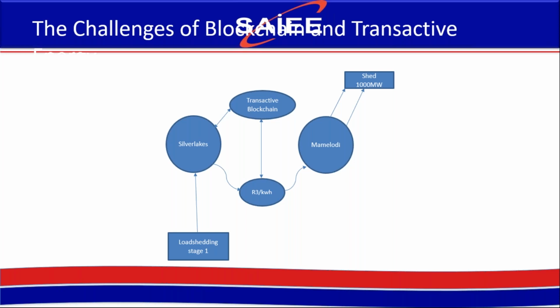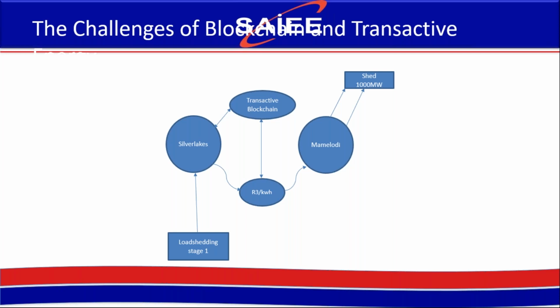So here now you have a system. People in Silver Lakes say, okay, guys, we can buy power from the guys in Mamelodi, right? So the guys in Mamelodi say, okay, people in Silver Lakes, you want to buy power from us, how much are you willing to pay?